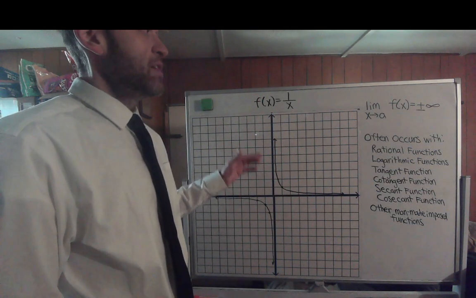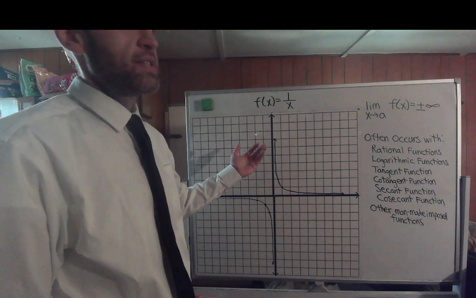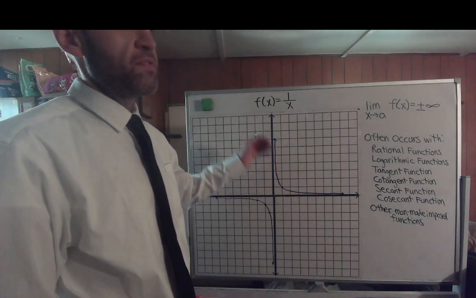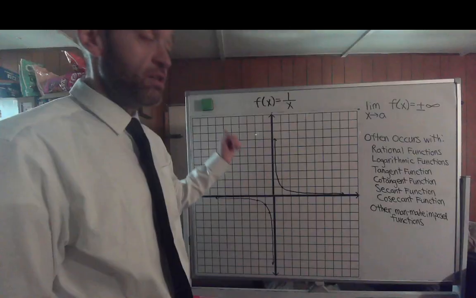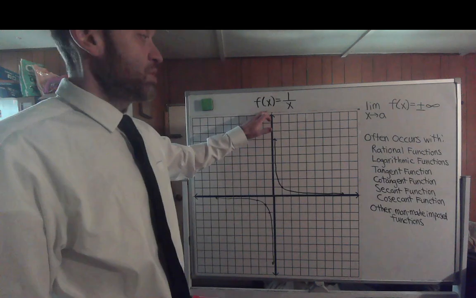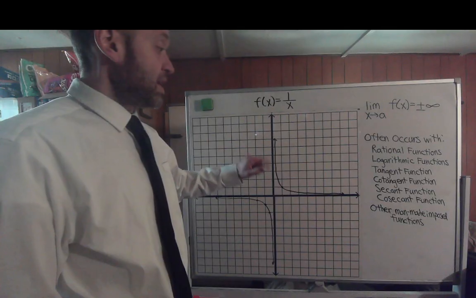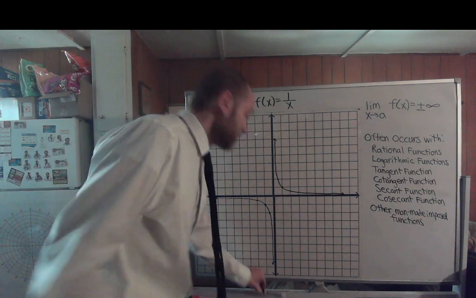Because if you say the limit doesn't exist, okay, well, why doesn't it exist? If you say the answer is infinity or negative infinity, that helps you understand the graphical behavior. Such as you have f of x equals 1 over x. Let's do this one real quick.